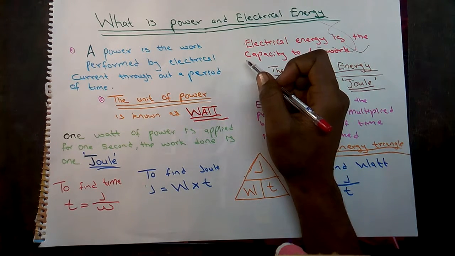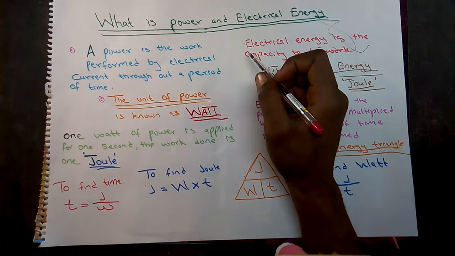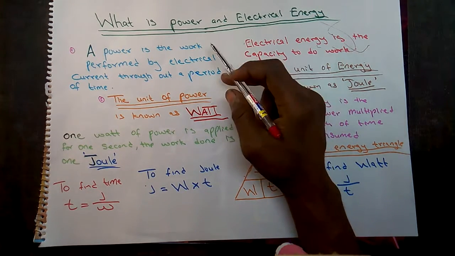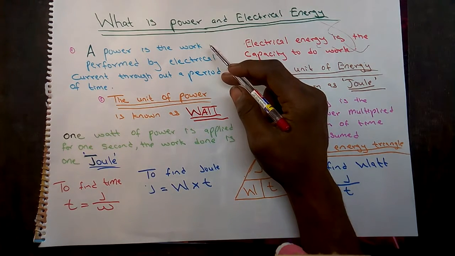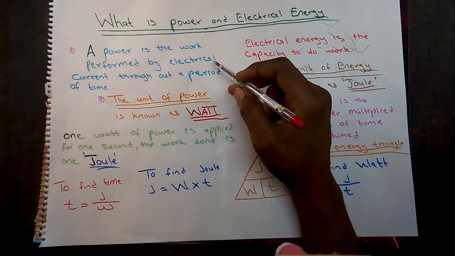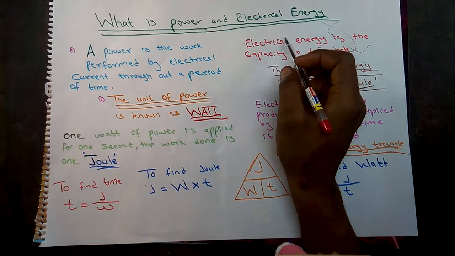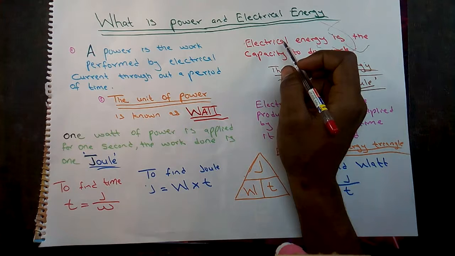Okay. In electronics, some components are rated, they have their power rating, which says how much work they can perform, the amount of work they can do. So whenever we are talking about power, we are talking about work. And whenever we are talking about energy, we are talking about strength. Let's take for instance what we normally say, that we don't have energy to work.